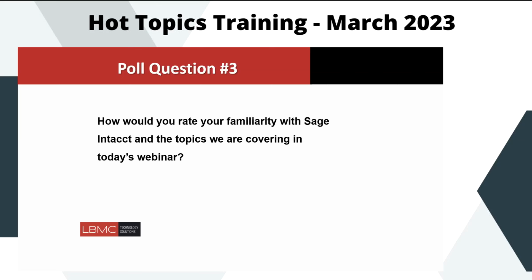Right now, we're coming in about 44% of you consider yourself novice users, about 45% intermediate, and we've got some power users at 11%. Great to have so many users on today. We'll leave the poll open for about 20 more seconds.